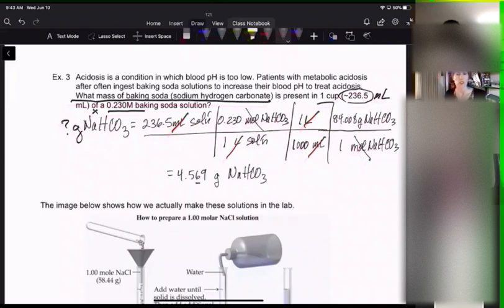All right, so to remedy the acidosis condition, they drank a cup of solution that had 4.5 grams of bicarbonate in it. So we canceled out all the units along the way.